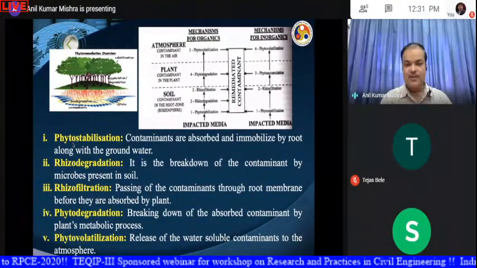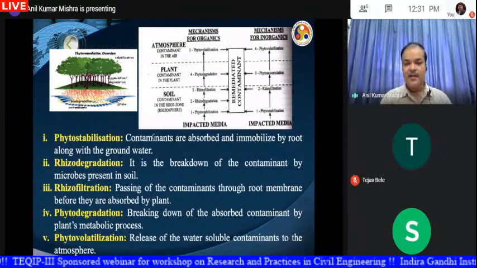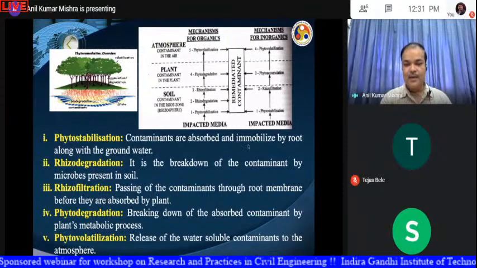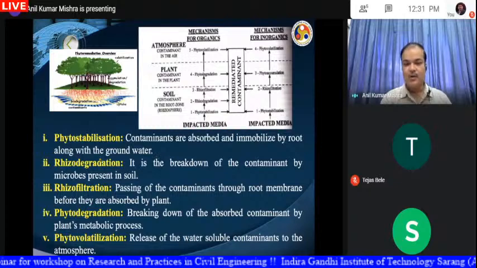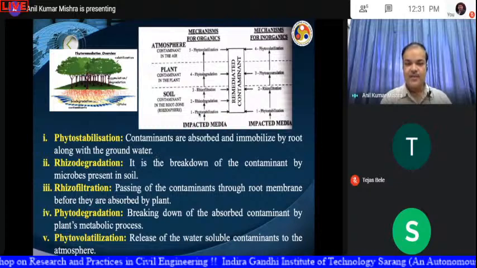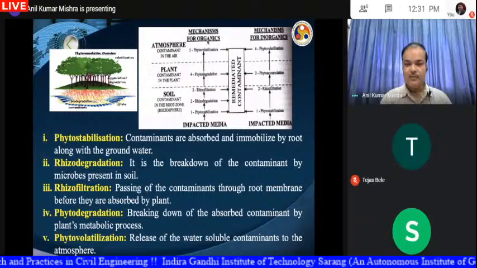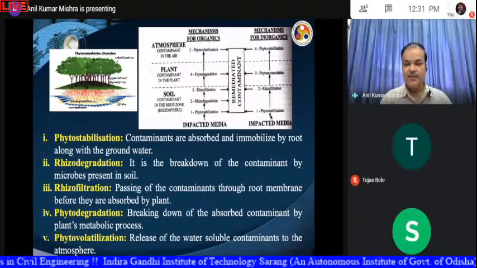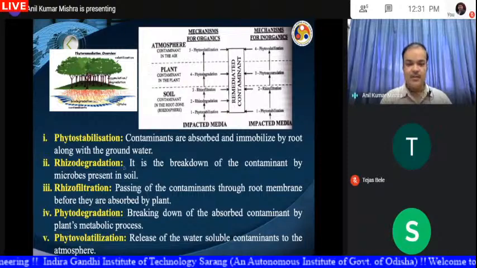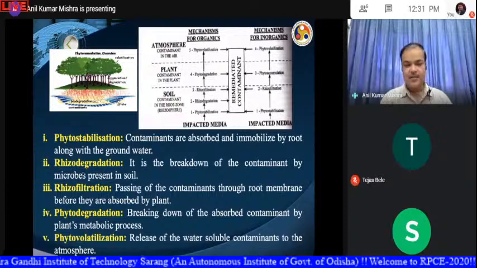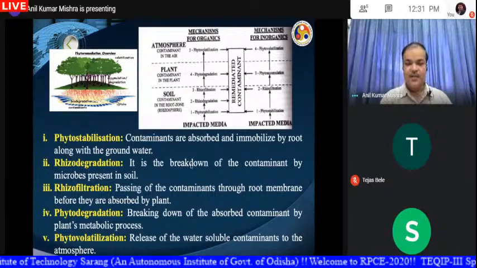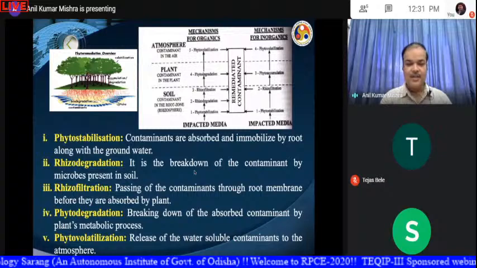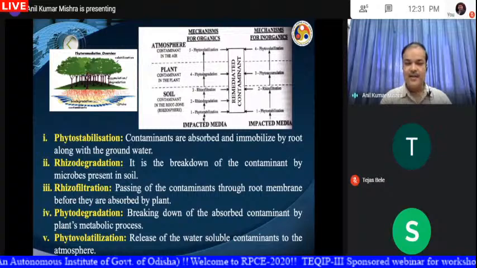In the first step of phytostabilization, contaminants are adsorbed and immobilized by the root along with the groundwater. This first step is present for both organic and inorganic contaminants. The second step is rhizodegradation. In this, the breakdown of the contaminants by microbes present in the soil takes place.